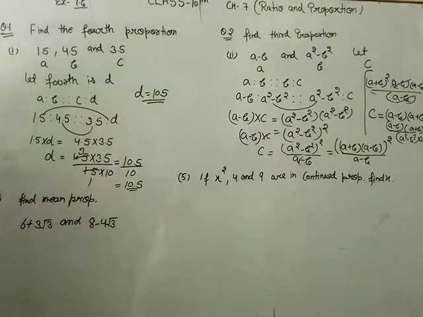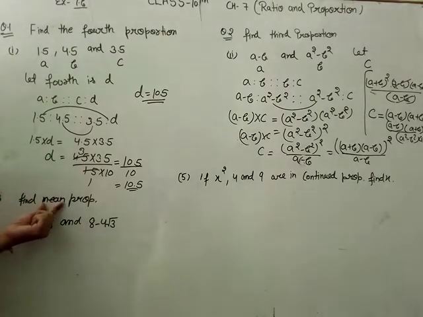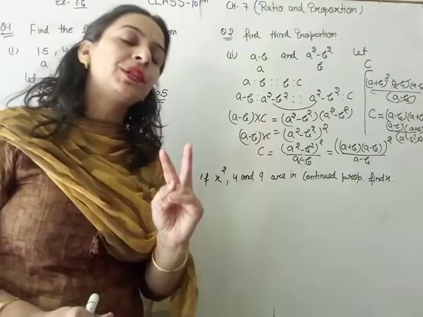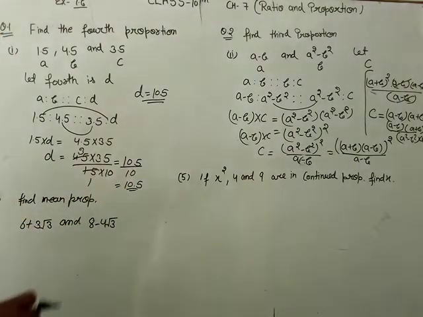Find the mean proportion. There are only 2, first and last given, and we find the mean. That means these are in continued proportion, because if 2 are given and we find the third, these are in continued.